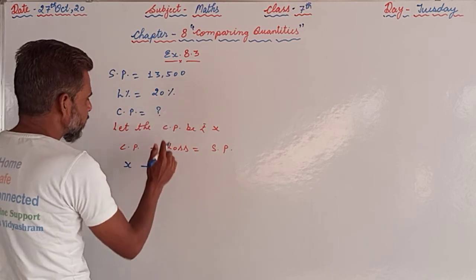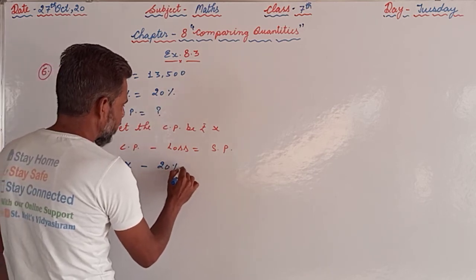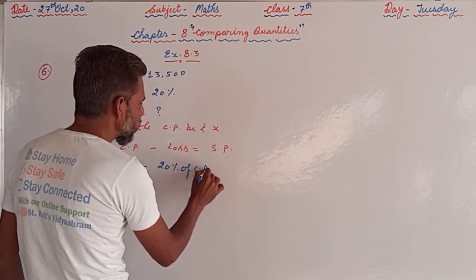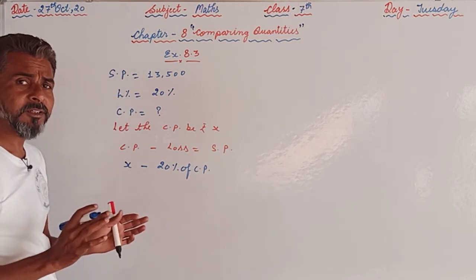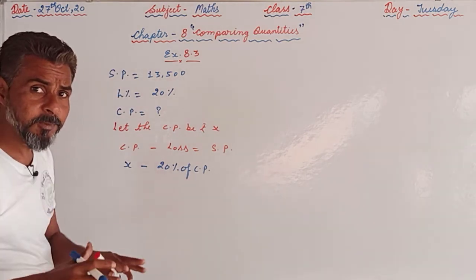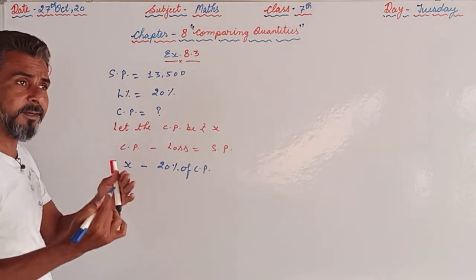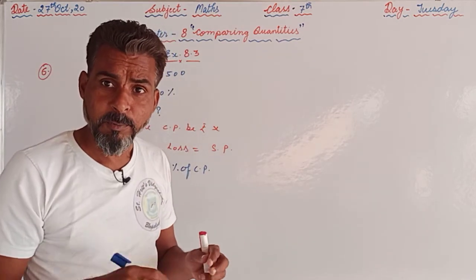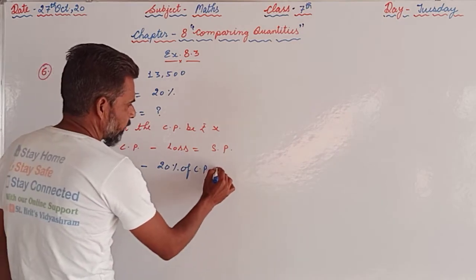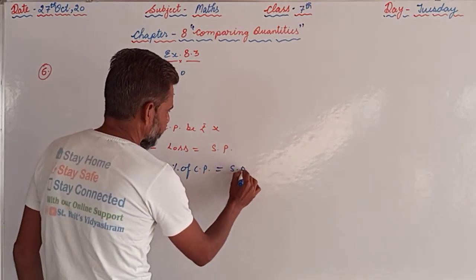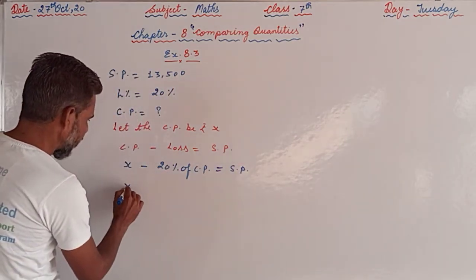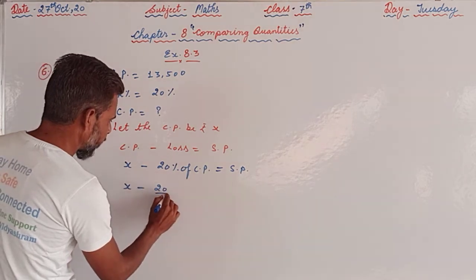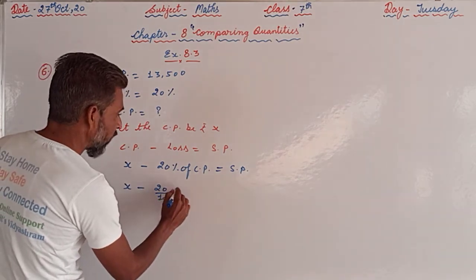How much will be the loss? 20% of CP. Loss and profit we always calculate using the CP only, because what we have paid decides how much is the loss or the gain. So that will be equal to SP. So X minus 20%, meaning 20 upon 100 of CP.